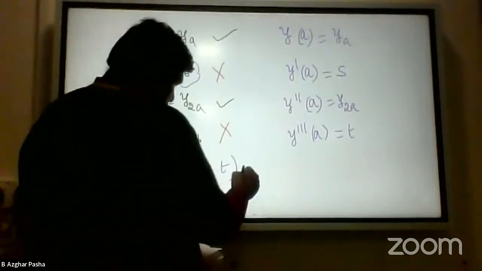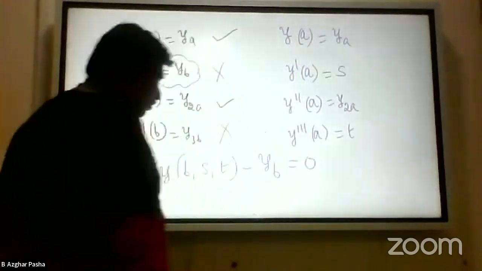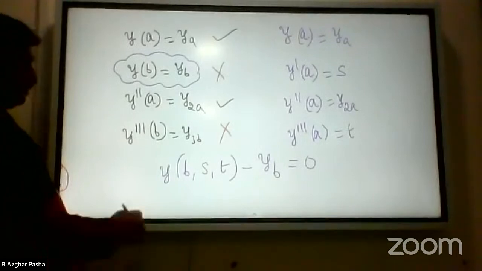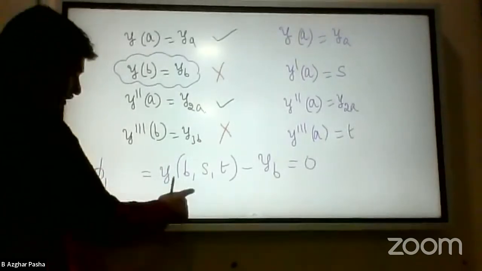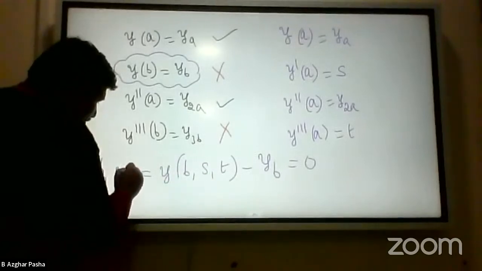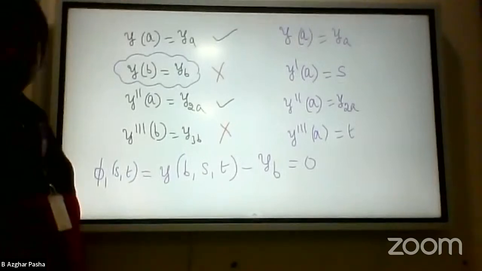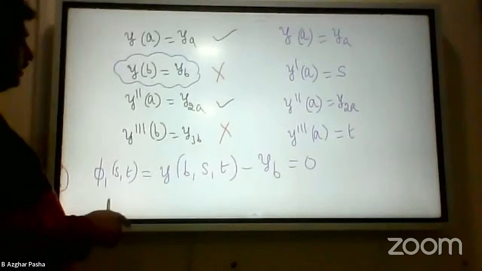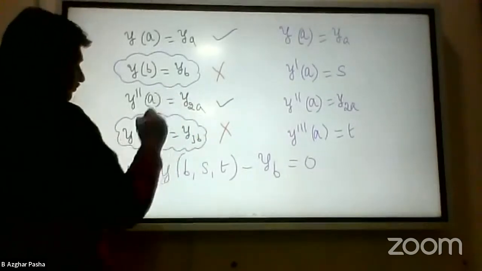This minus the actual value should be close to 0. This is the first condition that I have to check. I'll call this phi1, which is dependent on S and T, the initial values for y dash and y triple dash. And the second condition is on third derivative.